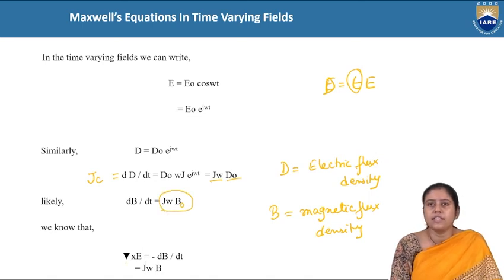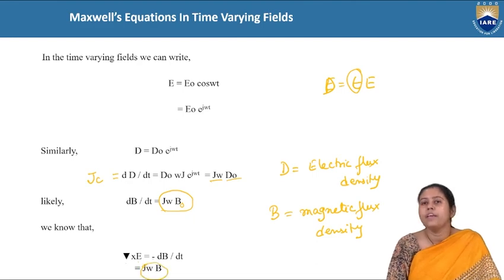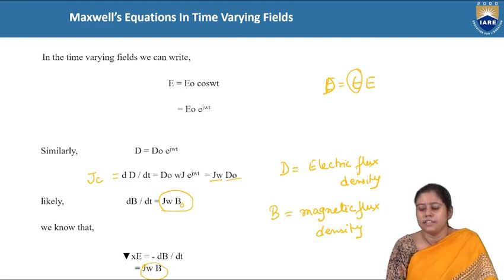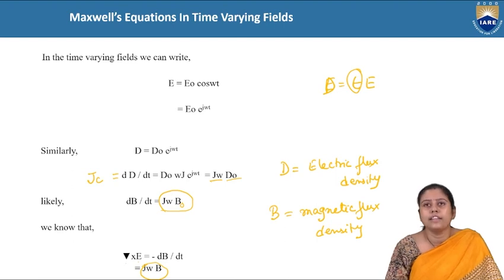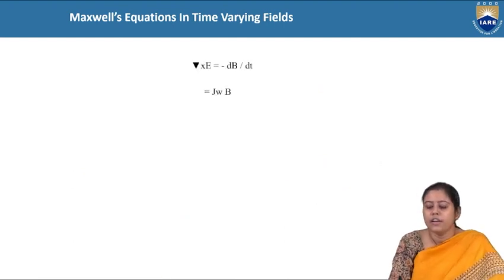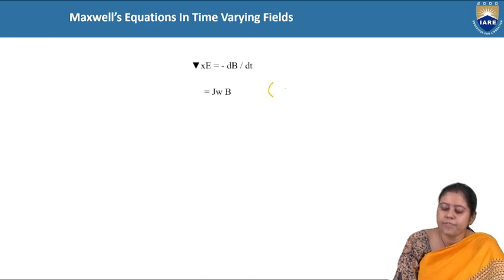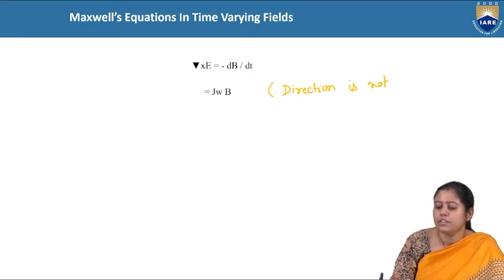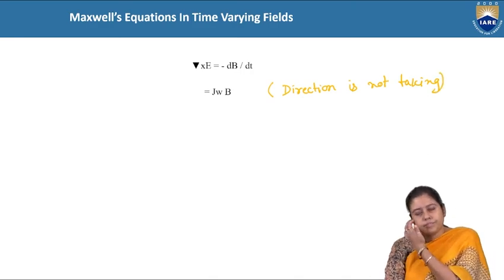So grad cross E is equal to J omega B, where E is the field intensity. We are not taking the direction, or the minus sign.